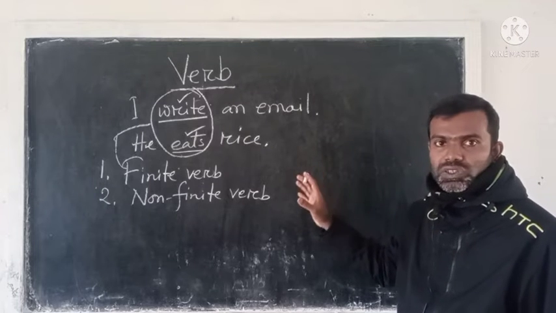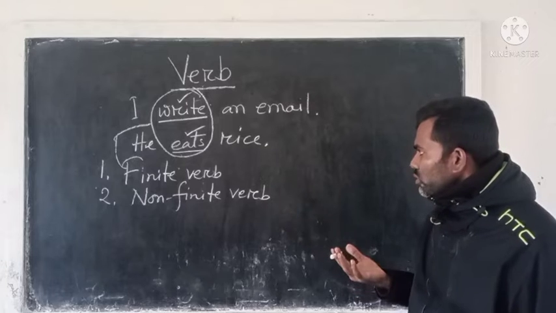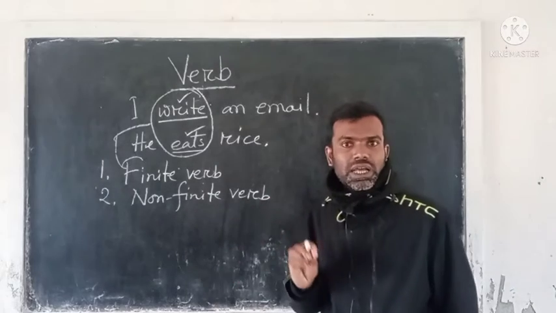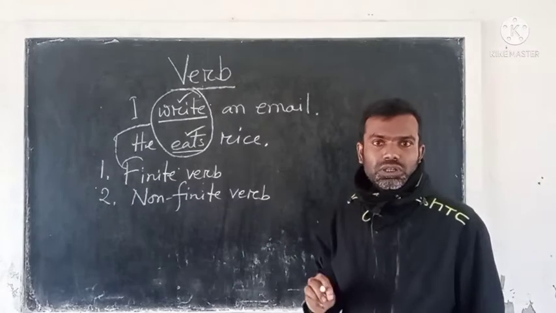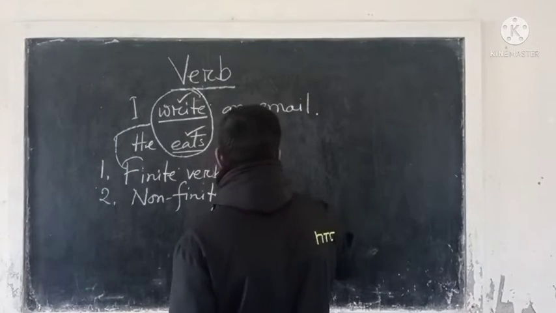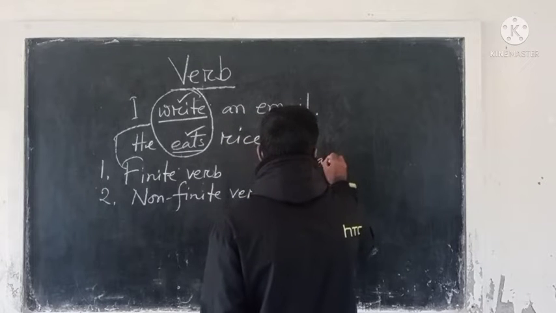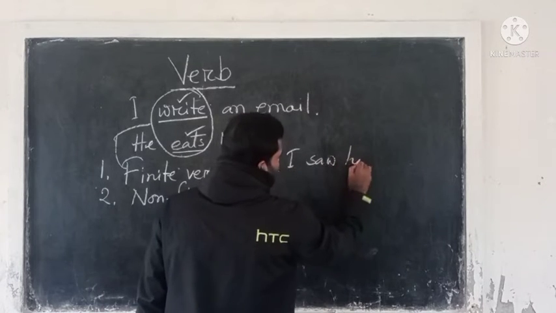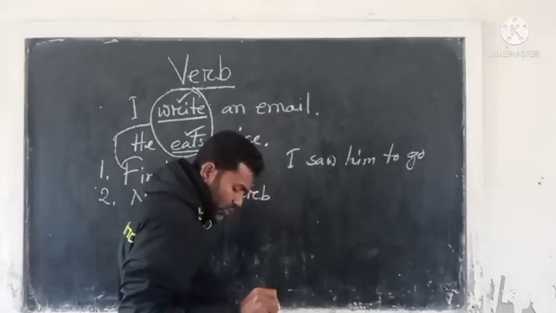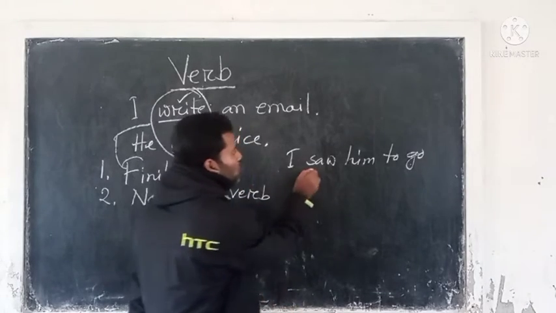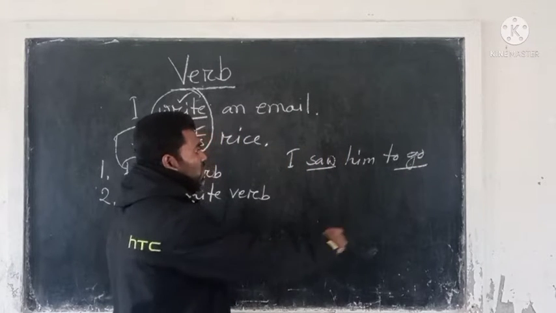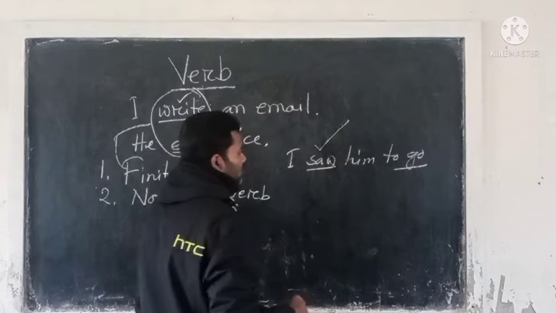We see in a sentence there are one or more verbs, but all the verbs do not have the ability to finish the activity. Such as we can write, I saw him to go. In this sentence there are two verbs, saw and go.